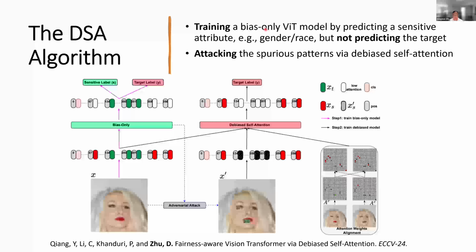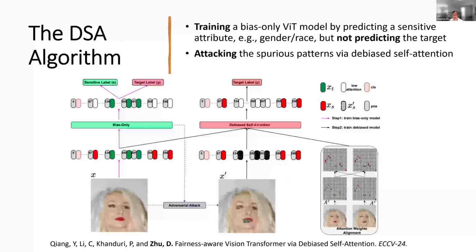So that happens on the left. This bias-only model tries to learn the spurious features, for example the eye and the lip. Then we do the adversarial attack, perturbing those features slightly. Then, combined with the original data, we do the second stage, which we call debiased self-attention.